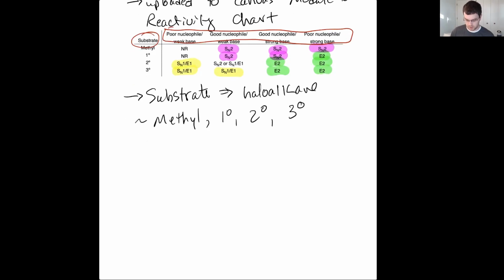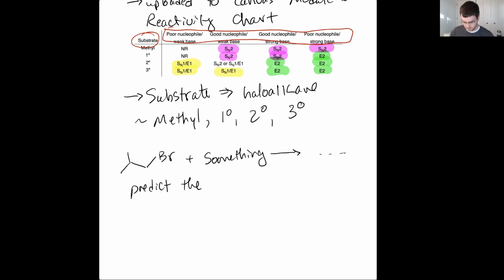So if we see some sort of reaction here plus something, and we're going to predict the type of reaction, we see that this is a primary haloalkane.